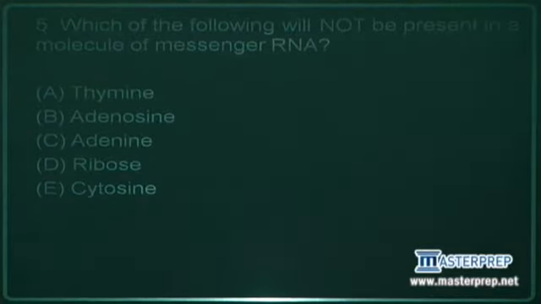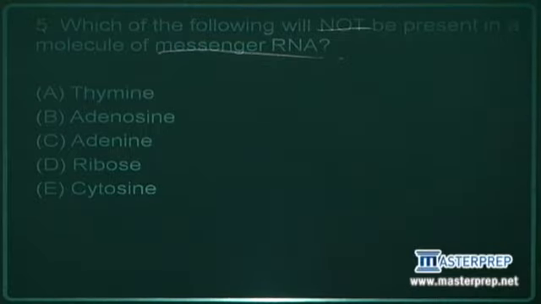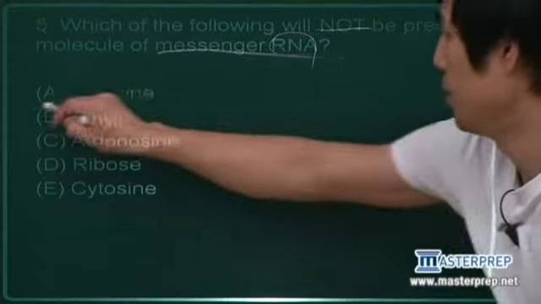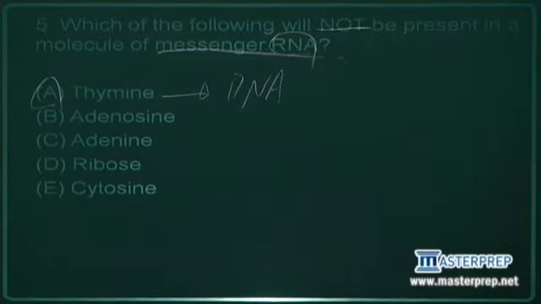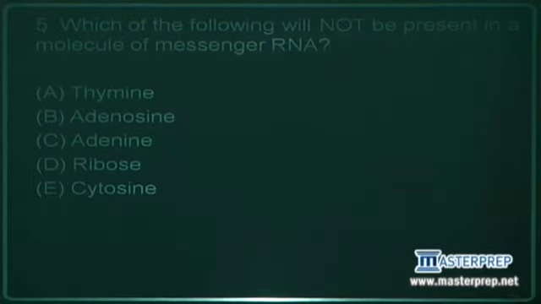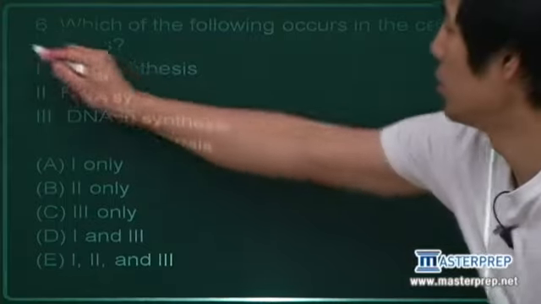Number 5, which of the following will not be present in a messenger RNA? Okay, mRNA, it is RNA, so you cannot have thymine because you can only find this nucleotide in the DNA, right? Okay, number 6, which of the following occurs in the cell nucleus?